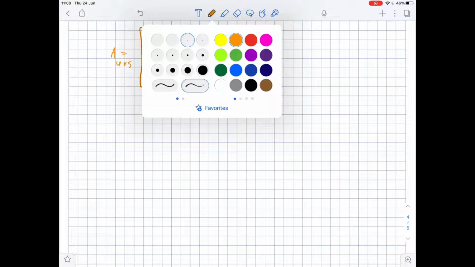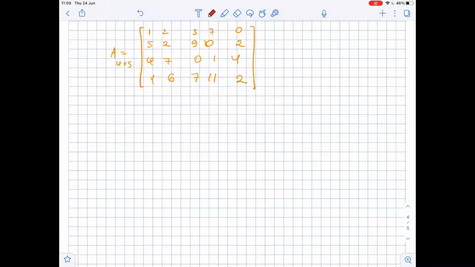So this is a 4 by 5 matrix. And when we partition this matrix, we basically divide it into blocks. For instance, we could do it this way, but there are a lot of different ways to do it.